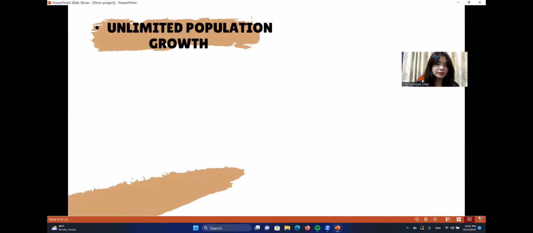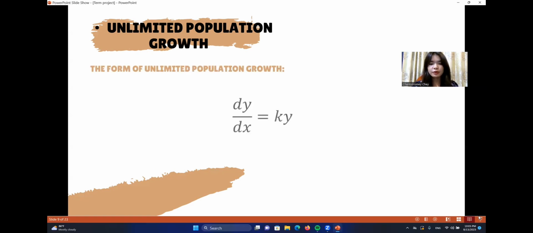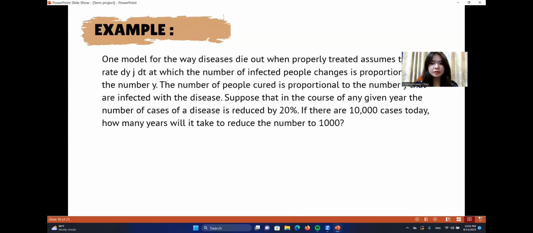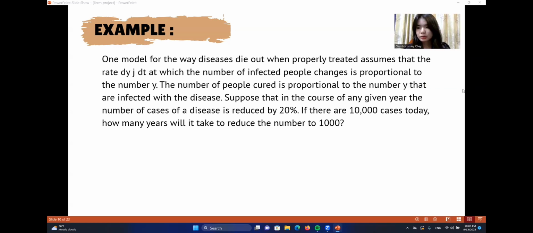And our next content is unlimited population growth. The form of unlimited population growth is dy/dt = ky. For the example, one model for the way a disease is treated: assume that the rate dy/dt at which the number of infected people changes is proportional to the number y.